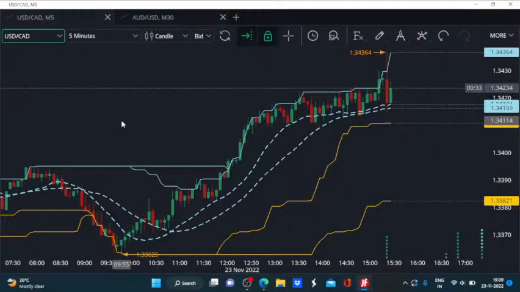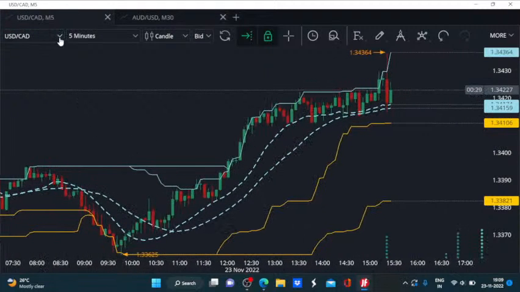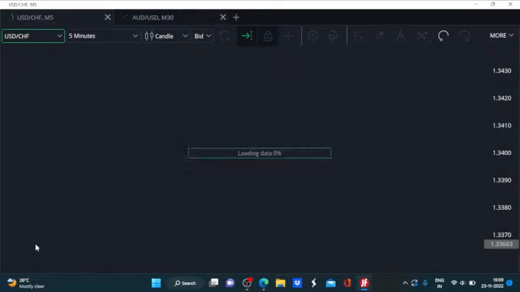So if we expect the US dollar to get stronger and stronger, in that scenario, the USD CAD will have to be the first choice.